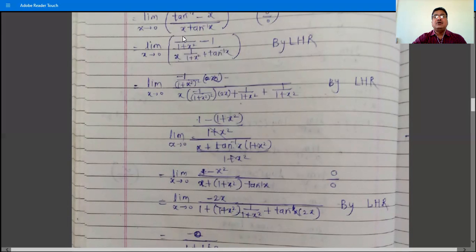The derivative of 1 by 1 plus x square is what? Minus 1 by (1 plus x square) whole square into the derivative of 1 plus x square, which is 2x.